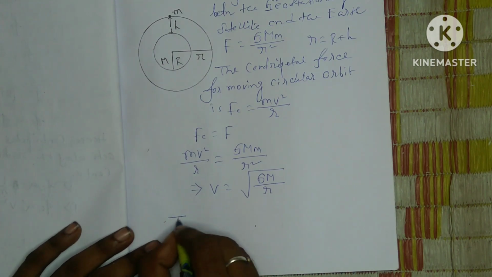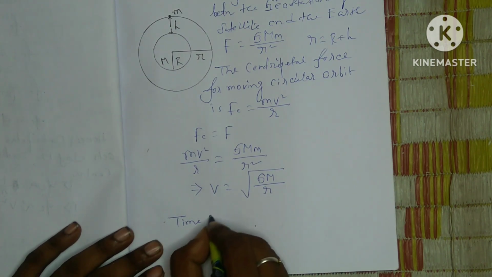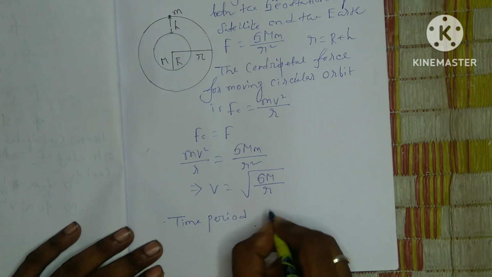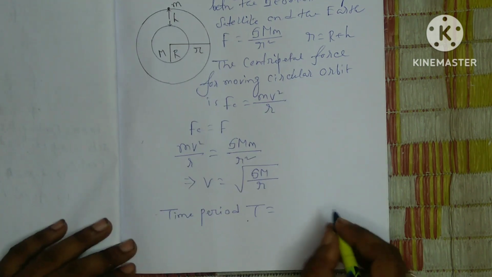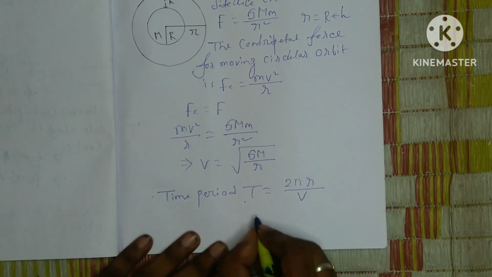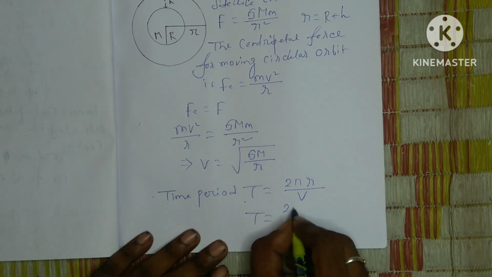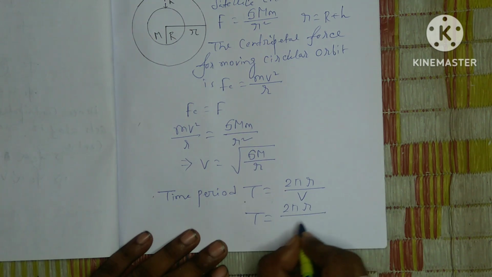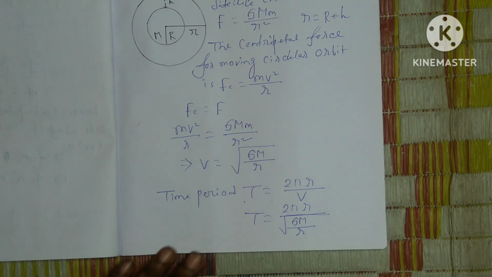The time period T equal to 2 pi r by v. So T equal to 2 pi r over root over GM by r.